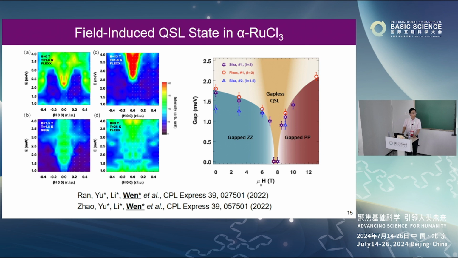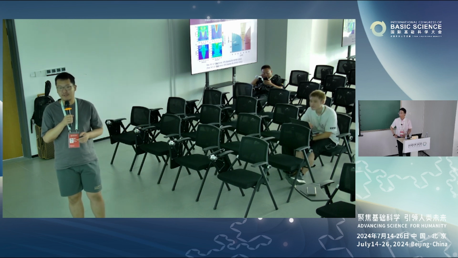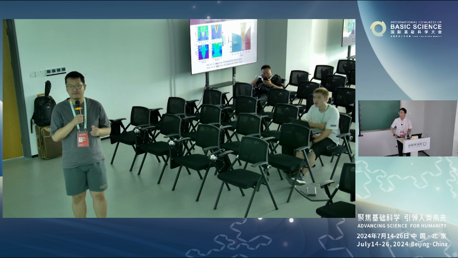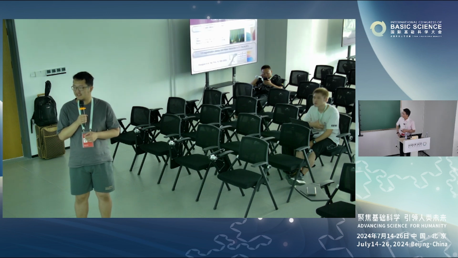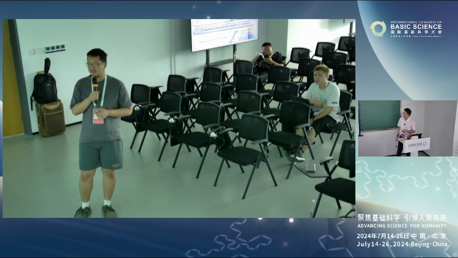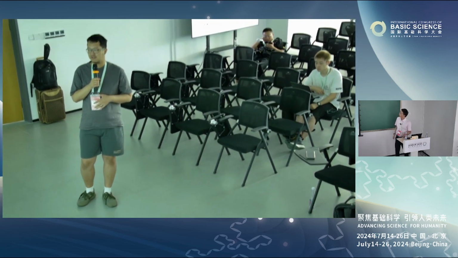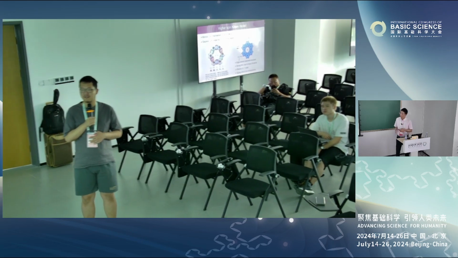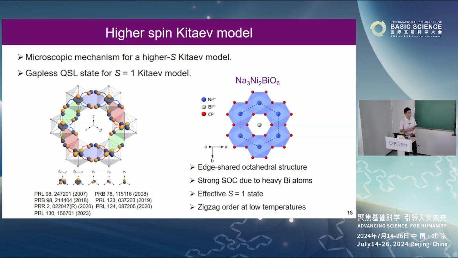Okay, maybe I ask a second question on the second part. I'm just curious, for the spin-1 case, if you have a Kitaev model, is that a quantum spin liquid? If you just have a Kitaev interaction. Well, as I said earlier, it is not exactly solvable for spin-1. But people have calculated it. They proposed that due to the spin-orbit coupling, you can have this kind of anisotropic Kitaev interaction.